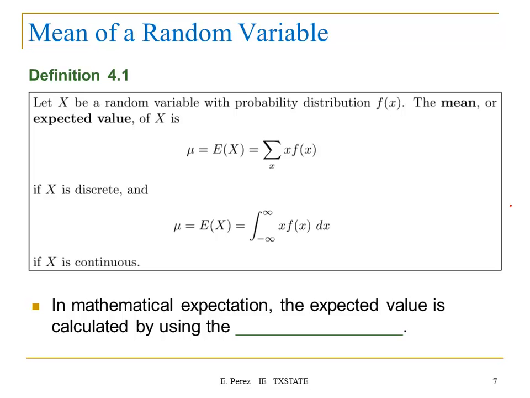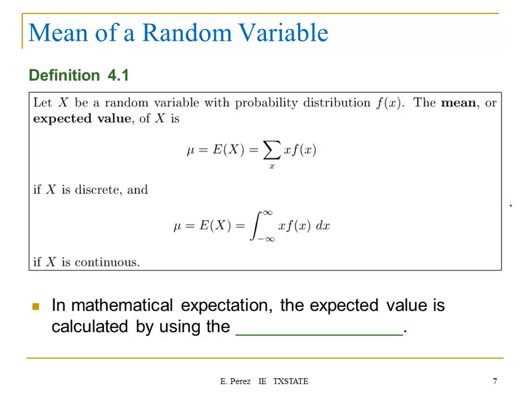Now that we have provided some examples, this is the definition. We are looking at the random variable x with the probability distribution f of x, and the mean or expected value for this random variable is given by this expression, which is what we did: the summation of the value of x times the probability of that outcome.